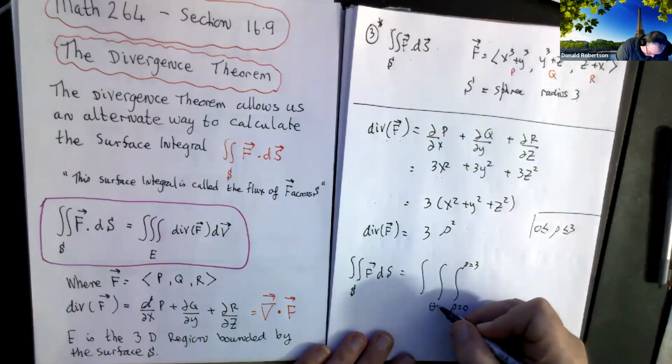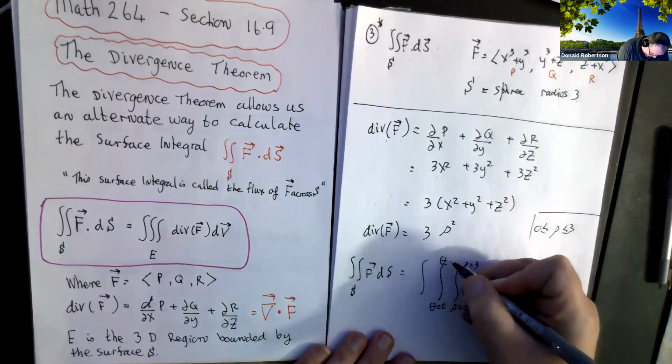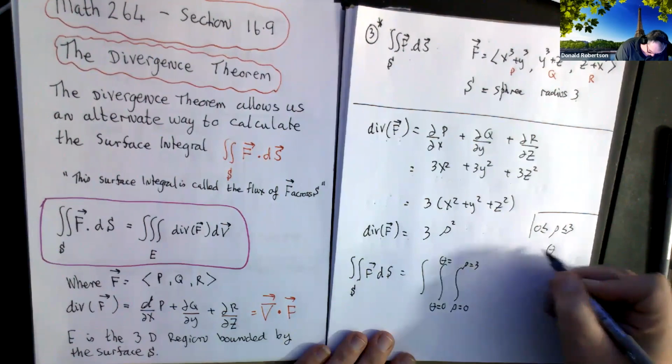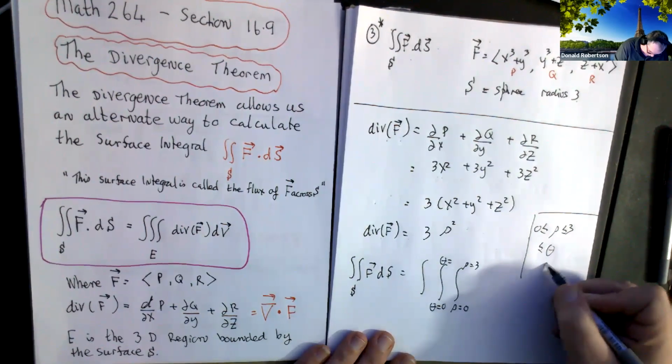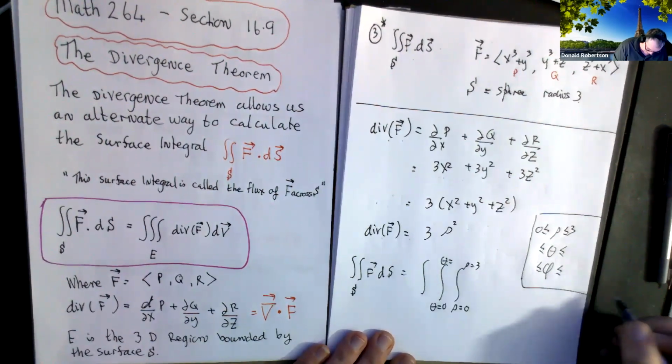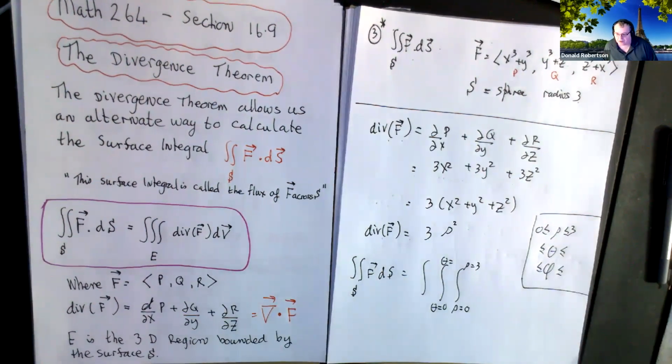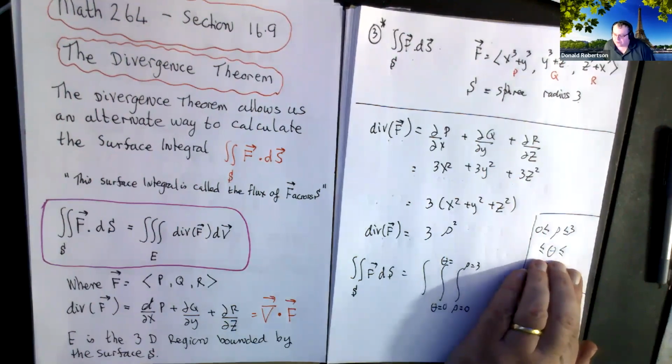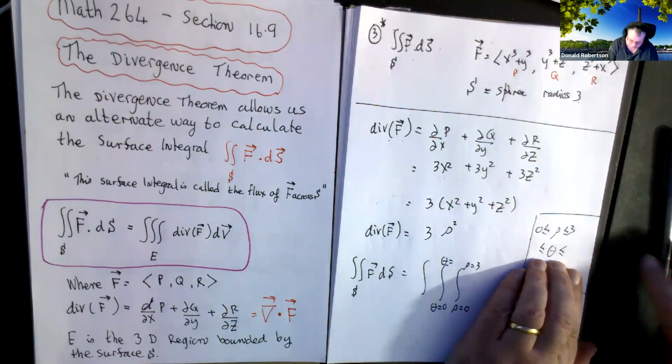And then we go theta. And then we go squiggle. In spherical coordinates for a complete sphere, which is what we've got here, what are the start and finish values for theta?